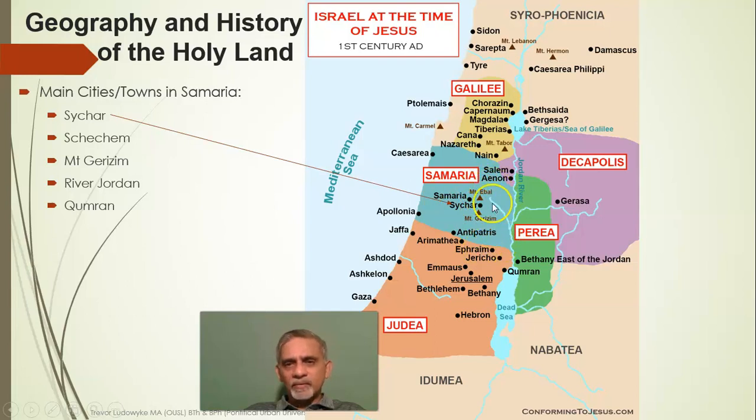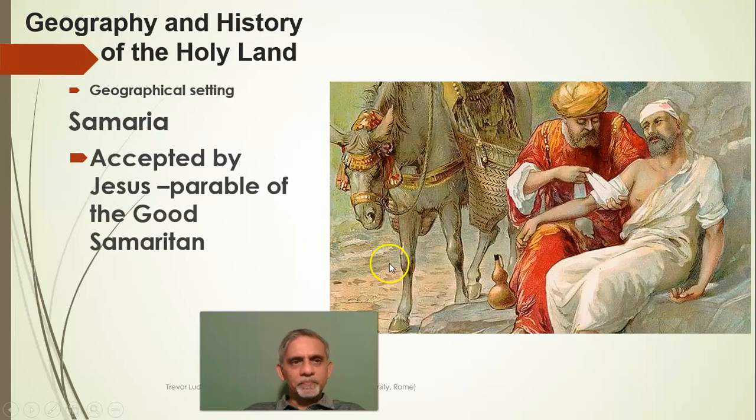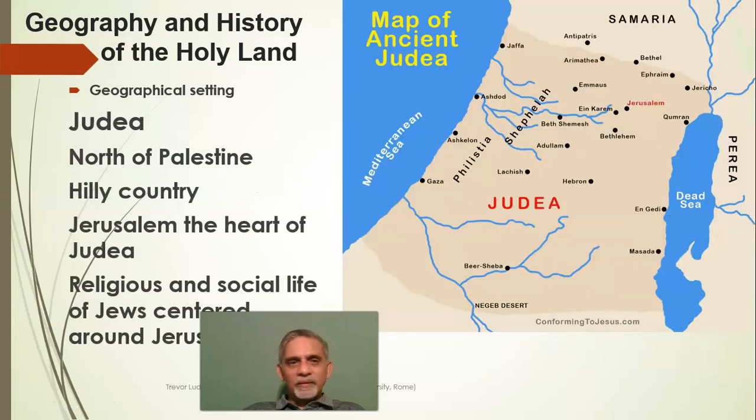This is where the Qumran scrolls were found, over here on the Dead Sea, below the Dead Sea. So this area is all towns closer to Samaria. Right. See, accepted by Jesus, the parable of the Good Samaritan. Earlier I showed you the woman at the well. This is a picture of the Good Samaritan.